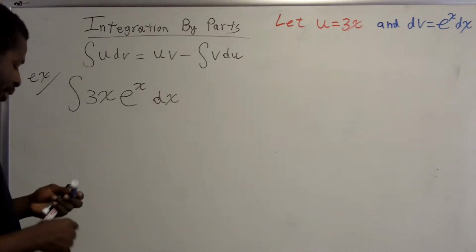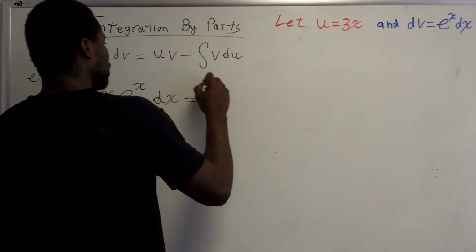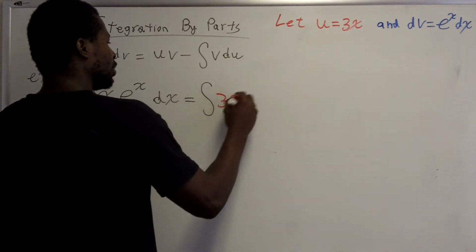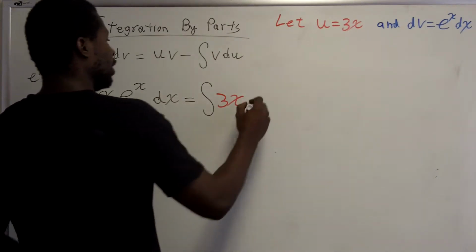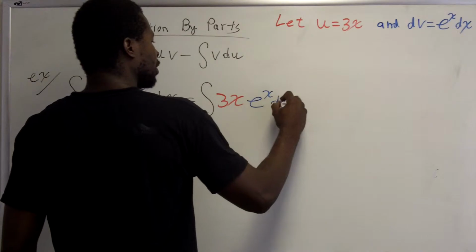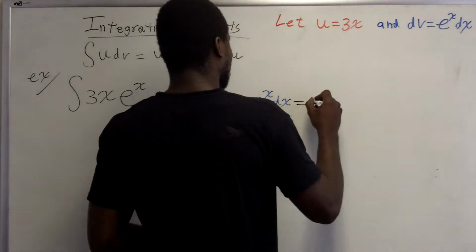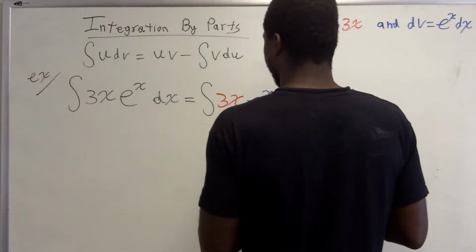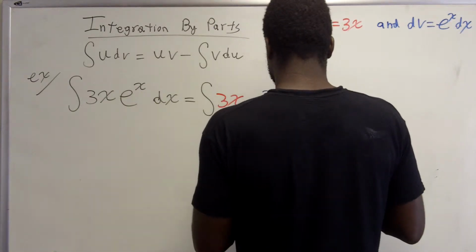So this integral can then be transformed this way, because if you notice, this is the integral of exactly what I'm calling u, 3x, times exactly what I'm calling dv, e to the x dx. So I can do this substitution as the integral of u dv.